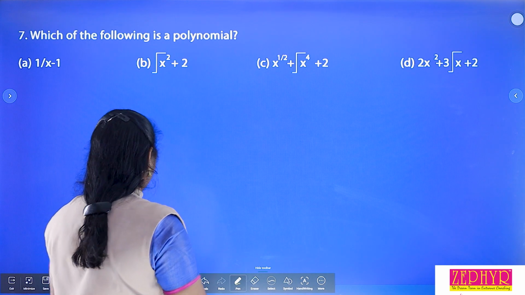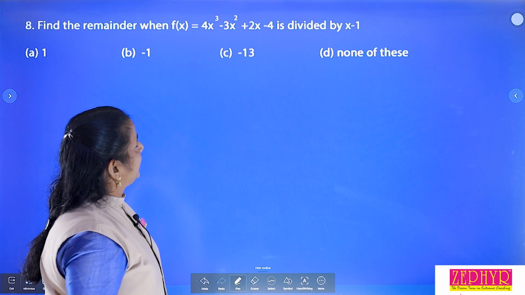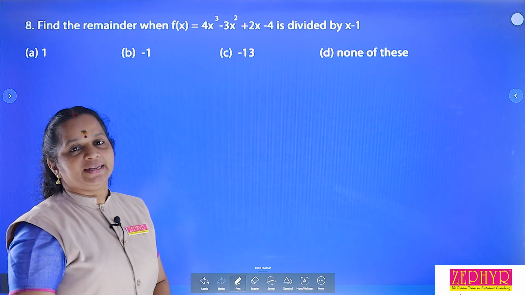Okay, then next question. Find the remainder when f of x is equal to 4x cube minus 3x square plus 2x minus 4 is divided by x minus 1.